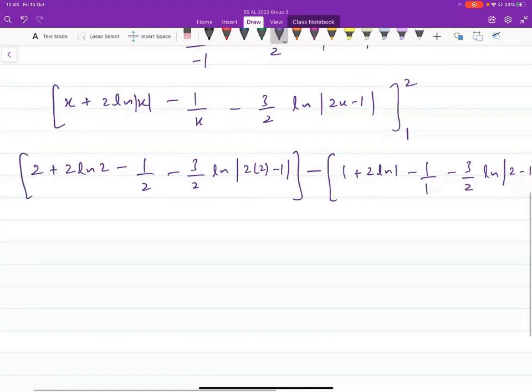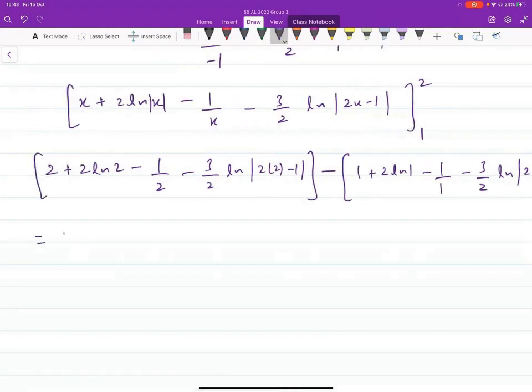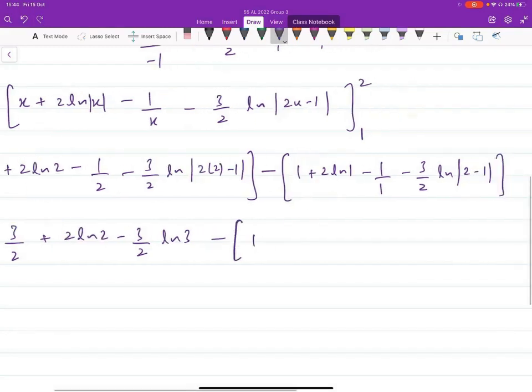We simplify this. We have 2 and minus 1 over 2 here. That's 3 over 2 plus 2 ln 2 minus 3 over 2 into ln of 3. Here we have minus 1 and minus 1, so वो cancel हो जाएंगे. 2 ln 1 ये भी 0 हो गया और ये भी 0 हो गया.